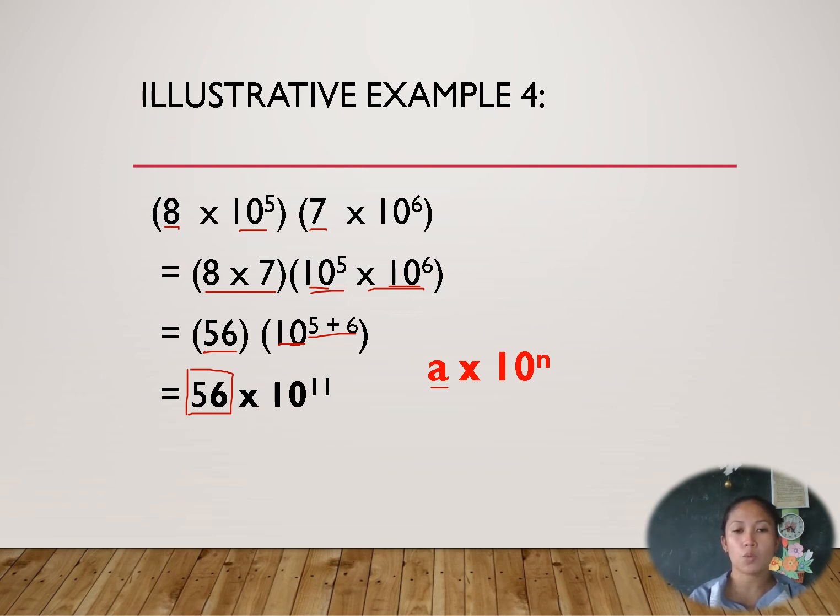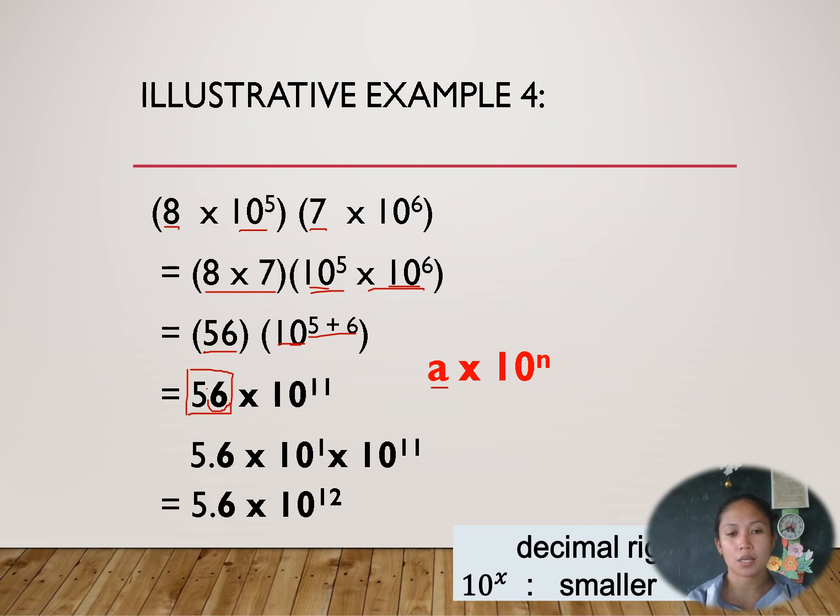To make this satisfy the condition, remember that in 56 it's understood that the decimal point is after 6. So we can move it to the left and transfer the decimal point here so that it will satisfy the condition. That will give us 5.6. Yes, we have moved it to the left.